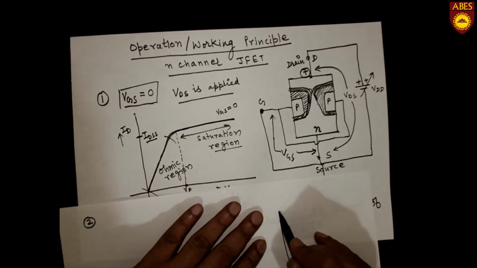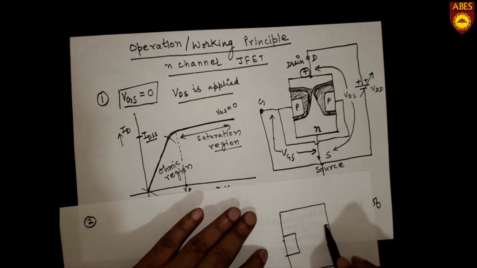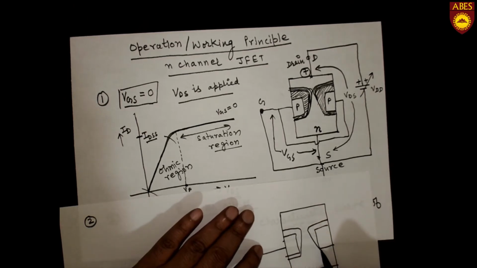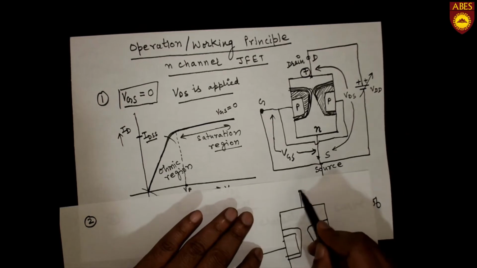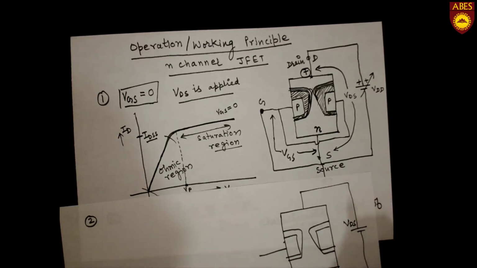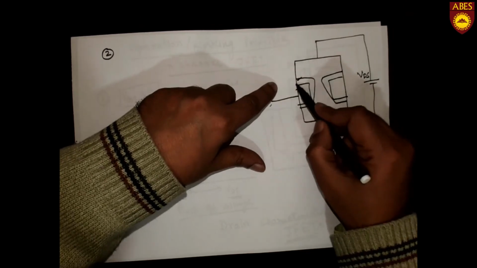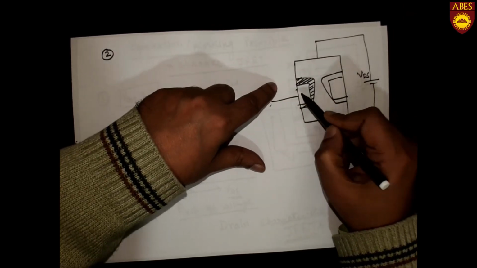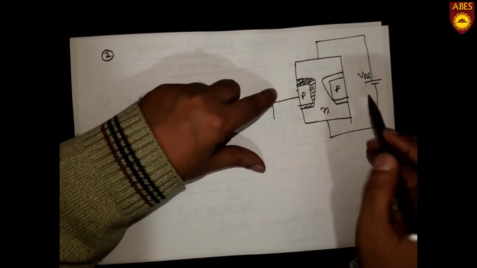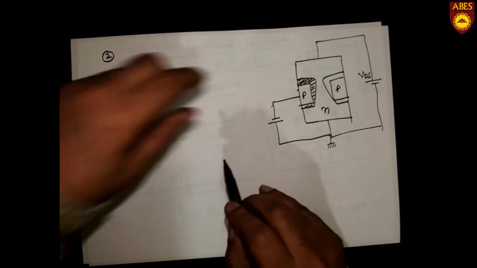Now the second condition is, if we have applied VDS in the presence of VGS, then what will happen?